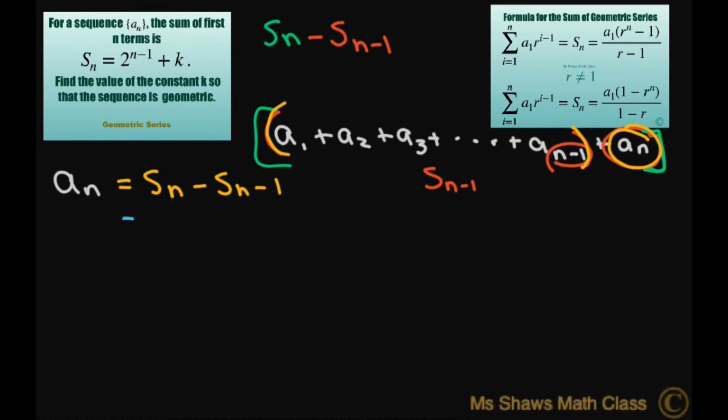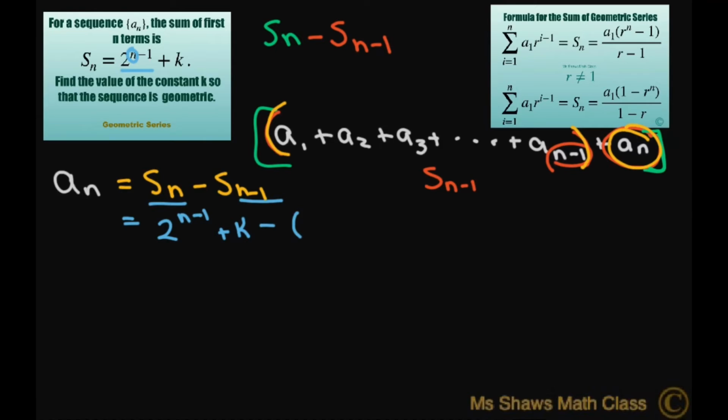Now this is going to equal s sub n, which is given, 2 to the power of n minus 1 plus k. And then we're going to subtract s sub n minus 1. This should actually be a little one here. Let's make it a little smaller. So basically all you do is you take this and substitute in n minus 1.